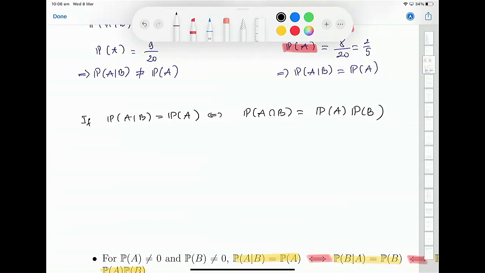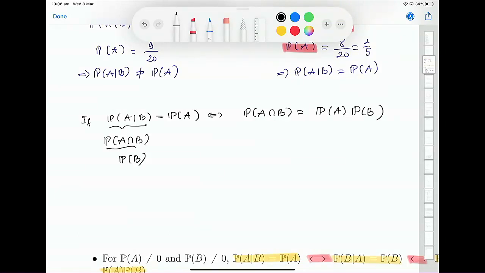So if you have the equality on the left-hand side, then you can use the definition of conditional probability. Then you have the probability of A given B equal to the probability of A intersect B divided by the probability of B, right?